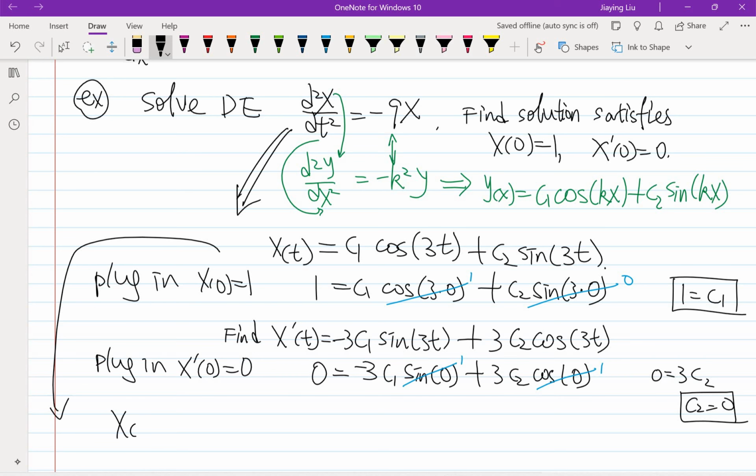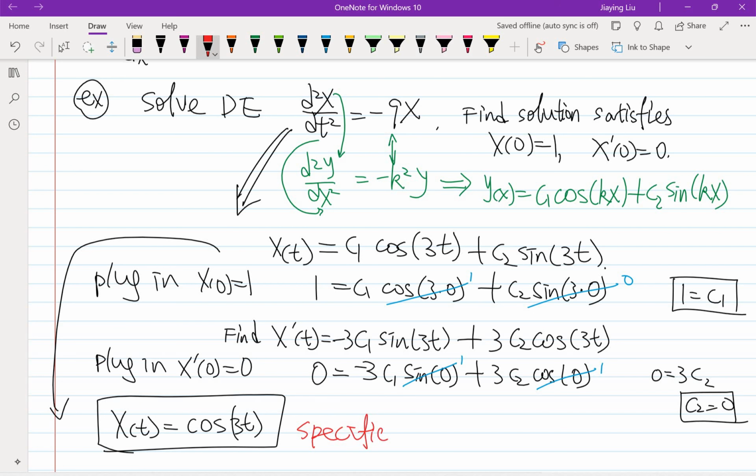So that's x of t equals C1, which is 1, I don't even have to write the 1, cosine 3t, plus C2, which is 0. 0 times whatever is 0. So this is the specific solution. This is a general one. Any questions on that?